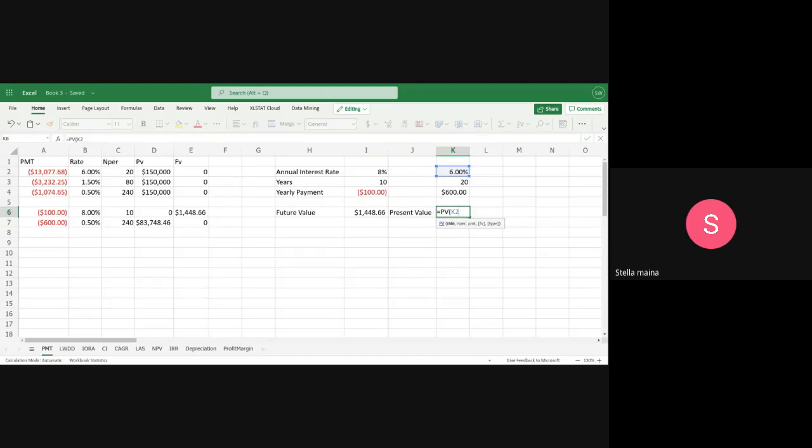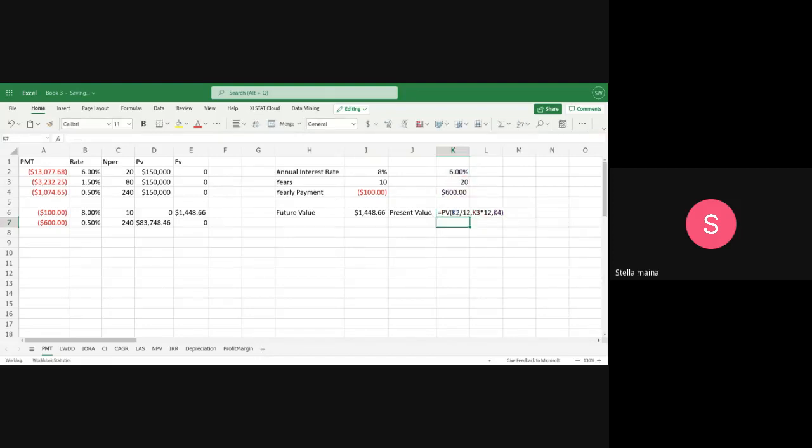So I'm going to divide K2 by 12, then multiply K3 by 12 as well, and then K4.